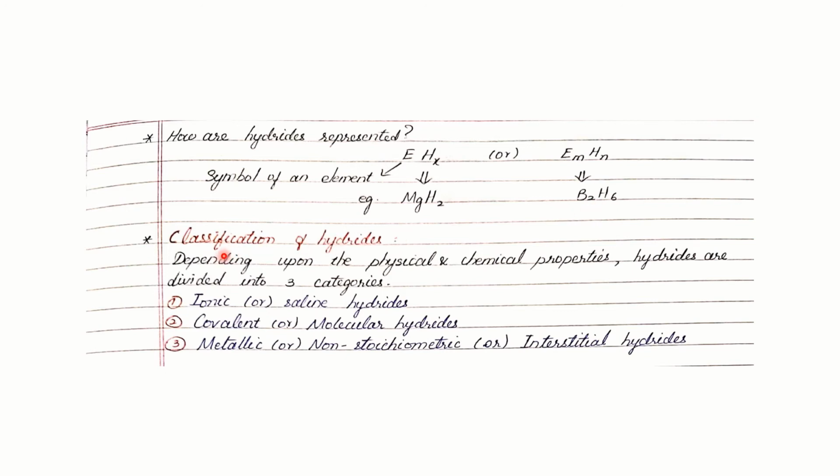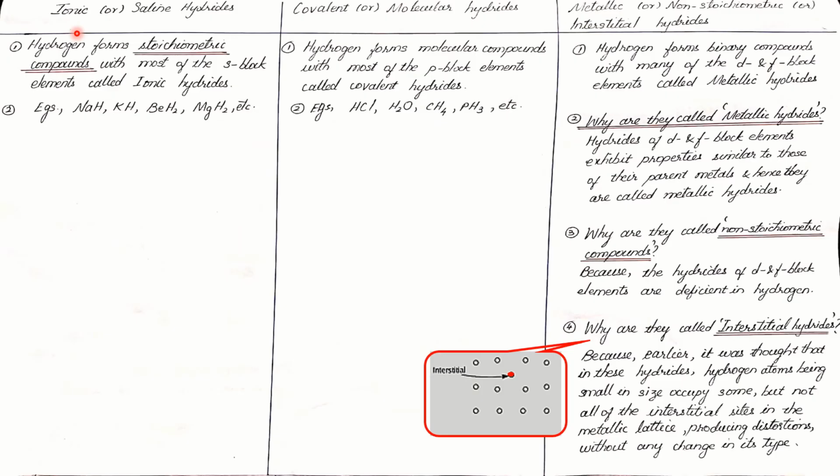Now, hydrides are classified into three categories based upon their physical and chemical properties. They are ionic or saline hydrides, covalent or molecular hydrides, and the third category is metallic or non-stoichiometric or interstitial hydrides.